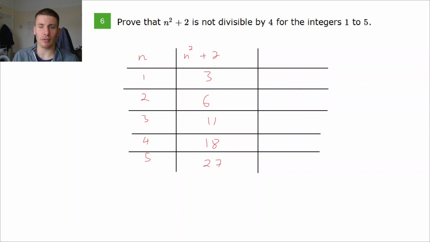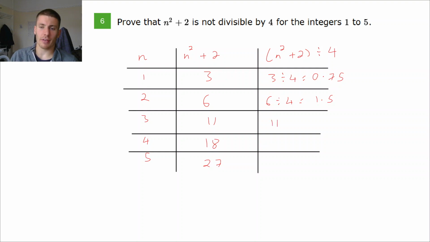And if we take n squared plus 2 and divide it by 4, we will see hopefully that we get decimal answers, which we will because 3 divided by 4 gives you 0.75, 3/4. We've then got 6 divided by 4, which gives you 1.5, which again is a decimal, so not divisible by 4.